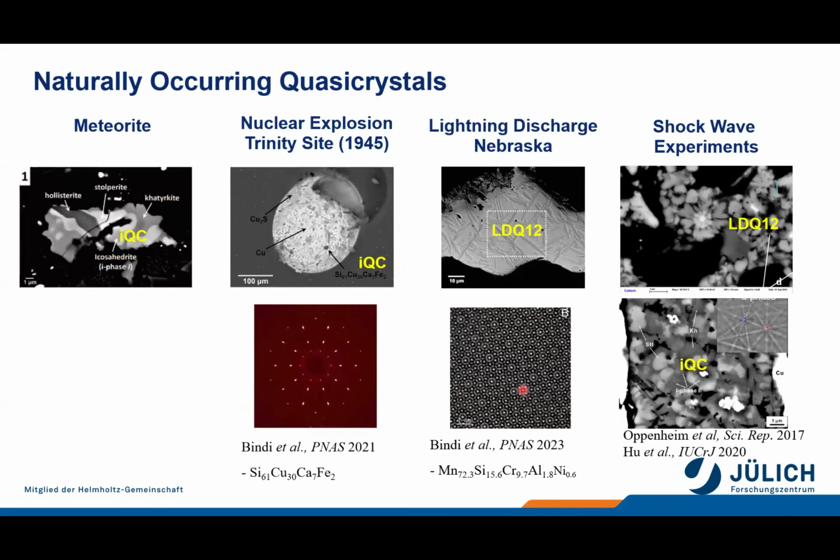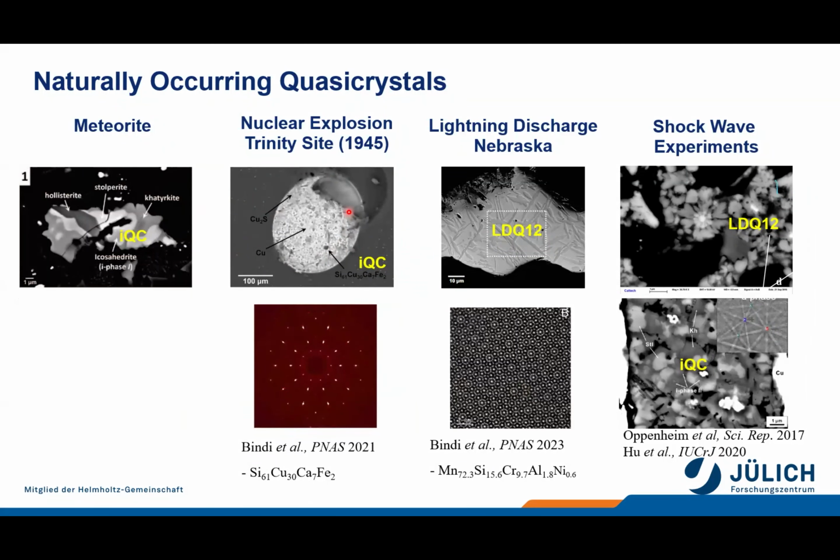They kept on searching for quasicrystals, and this meteoroid has something to do with making structures that survive super high pressures and temperatures. So those guys went to the Trinity nuclear explosion site where the first nuclear bomb was ignited in 1945.